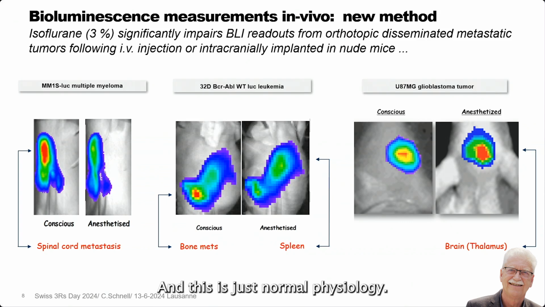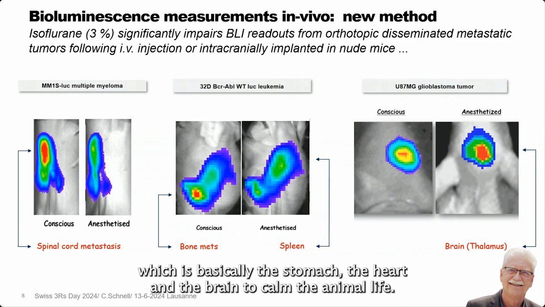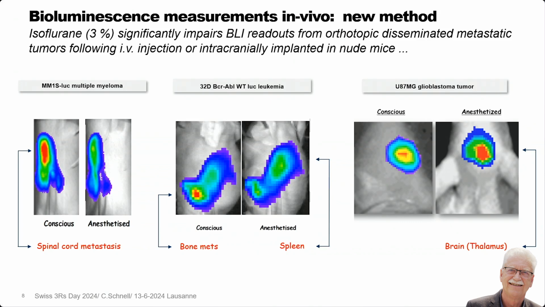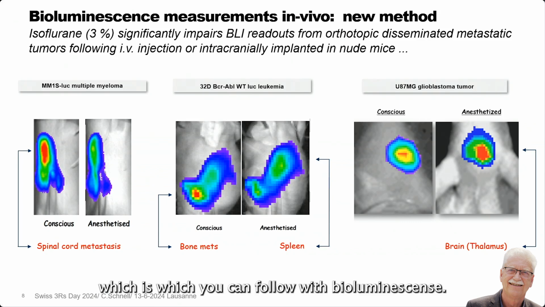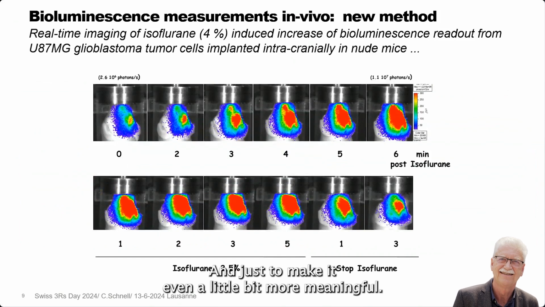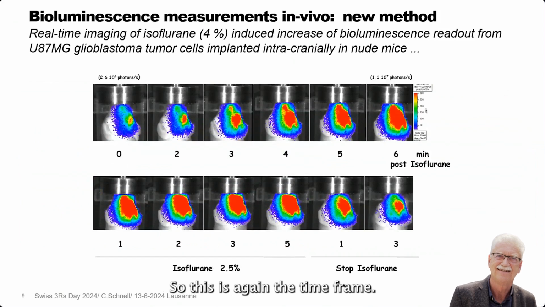And this is just normal physiology. If you anesthetize an animal, all the blood will flush to the key organs, which is basically the stomach, the heart, and the brain, to keep the animal alive. So what you see here is just nicely physiology, which you can follow with bioluminescence. And just to make it even a little more beautiful, this is again the time frame.